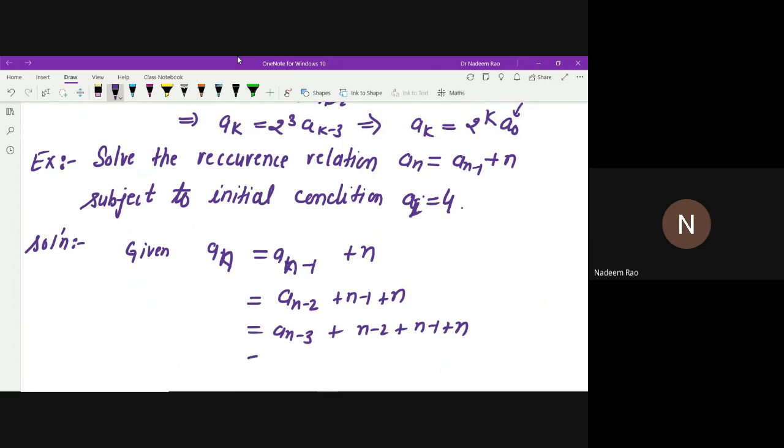And similarly, it will be written as a_(n-k) plus (n-k+1) plus ... plus (n-1) plus n. And it will go up to the desired terms.